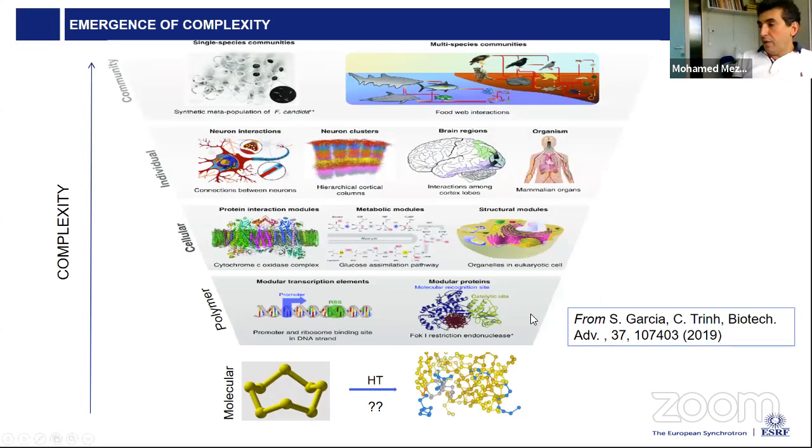Okay, and I think this problem is really important if you look at the pyramid of complexity from molecular system up there to cells and individuals and even community. The first tile of this complexity pyramid is actually defined here with this transformation from simple object to much more complex object.